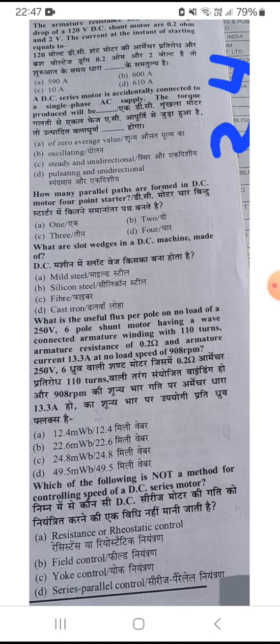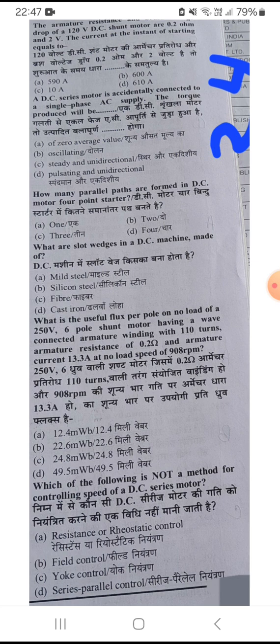So we know that V is equal to EB plus IARA. So EB is equal to V minus IARA. We put the values, 250 minus 13.3 into 0.2. So we get EB equal to 247.34 volt. We also know that EB is equal to phi Z N P by 60A.